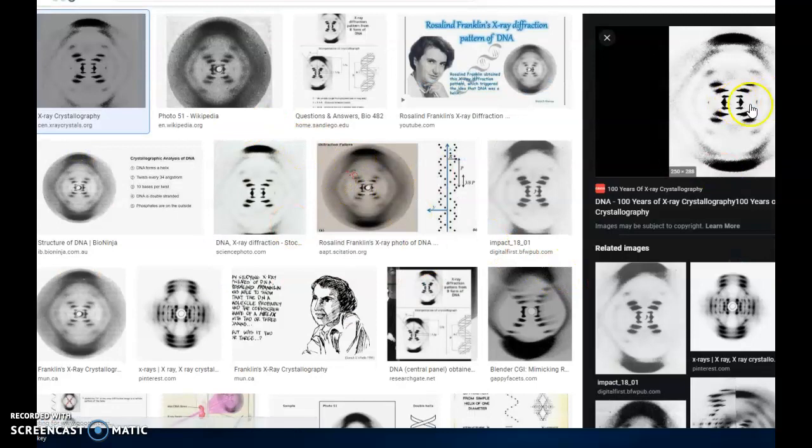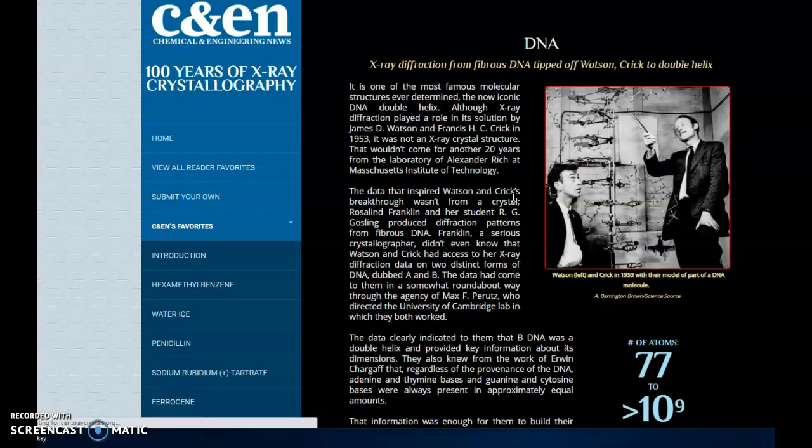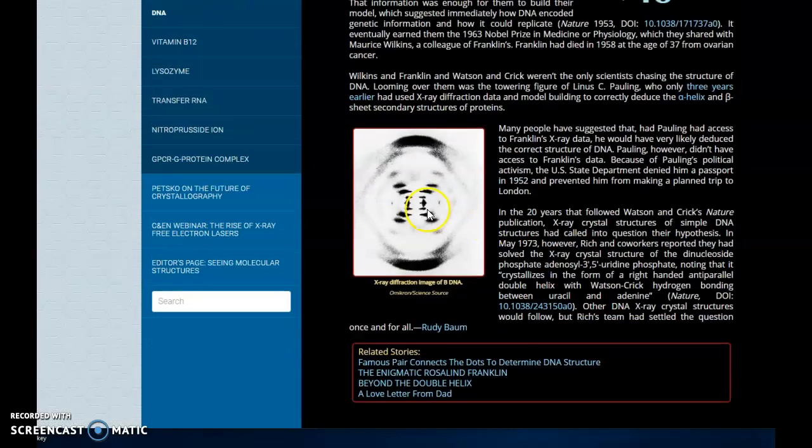Right here, you can see a picture of DNA diffraction. And there it is right there. You can see that X cross with patterns going out. The patterns going out tell you the pitch, in other words, how fast the turns are going up.